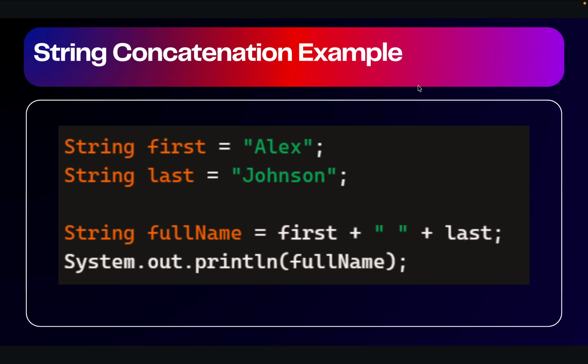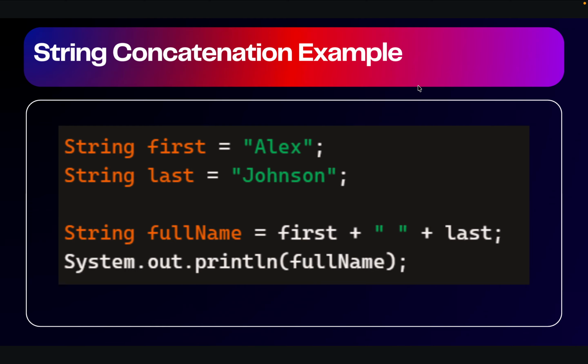So if you were to just say first plus last in full name, Alex Johnson would be one word. However, in this case, where we are adding that pair of double quotes with a space between them, it's simulating the space being added there.